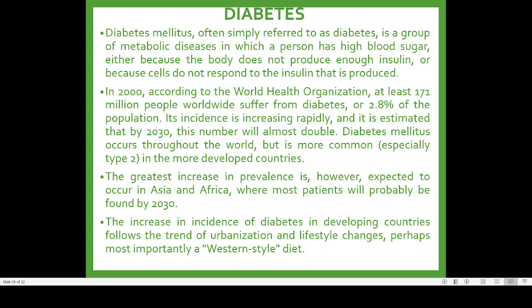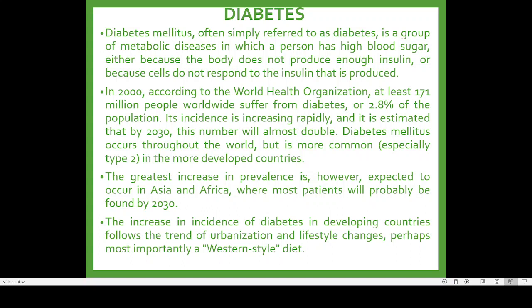Now, it is basically a metabolic disorder. Metabolic disease means it is not caused by any bacteria or virus or any other microorganism. It is simply because of the malfunctioning of our own body system. That kind of disease is known as a metabolic disease, in which the person has high blood sugar.